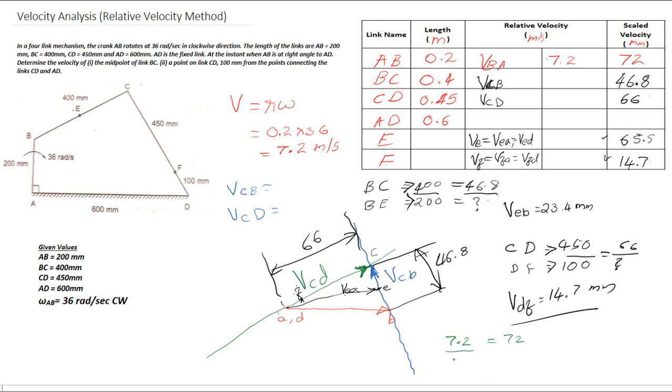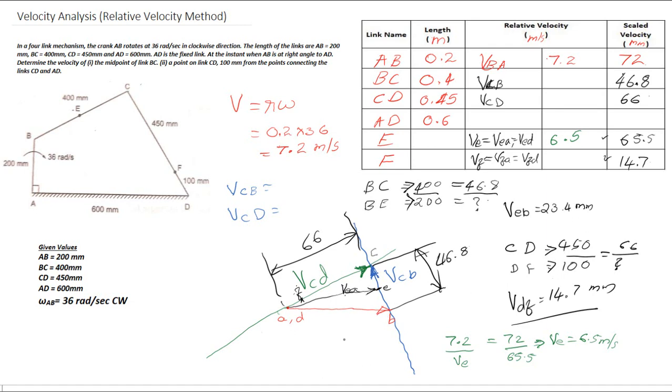Here we require VE, here it is 65.5. Upon solving, VE will be equal to 6.5 meter per second.